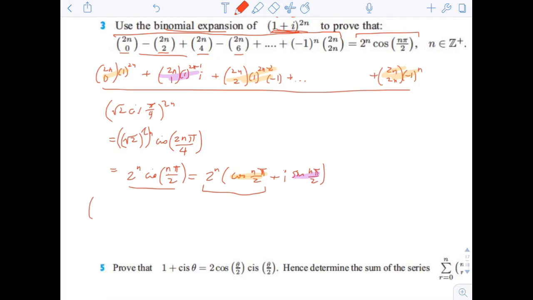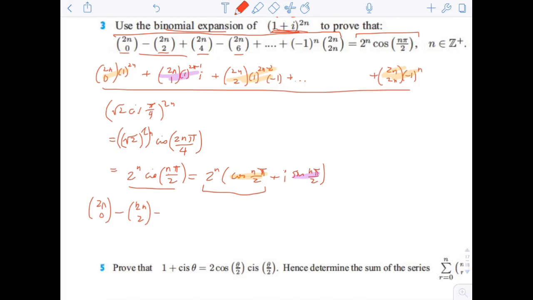So we'll have 2n chooses 0, and 1 to the 2nth is just 1. And we'll add that to 2n chooses 2, and 1 to the 2n minus 2 is just 1, so it's just going to be negative, right?